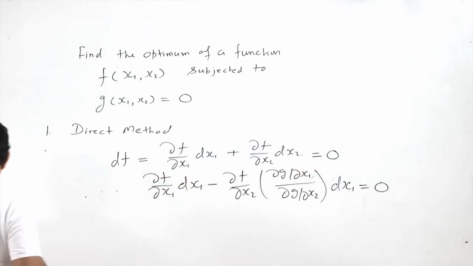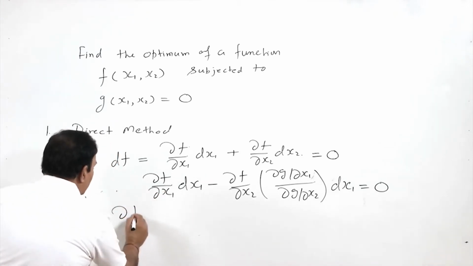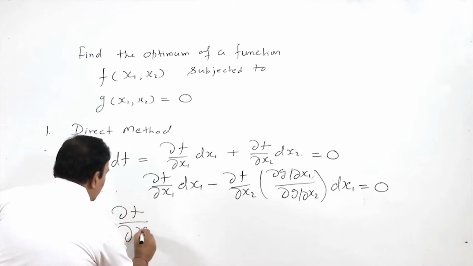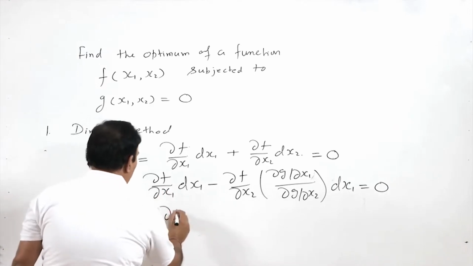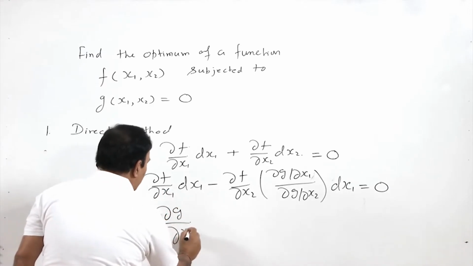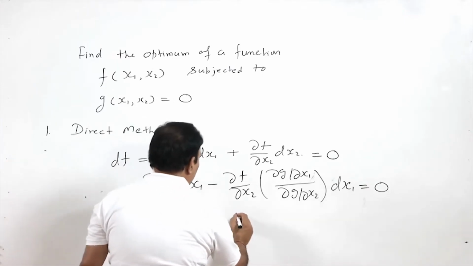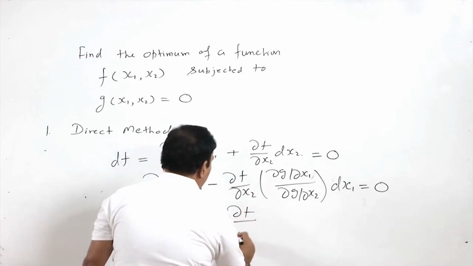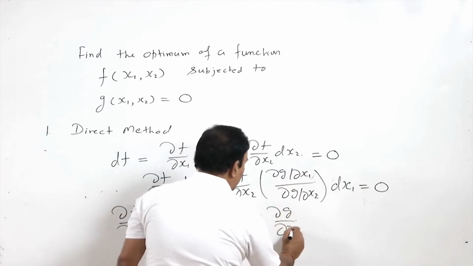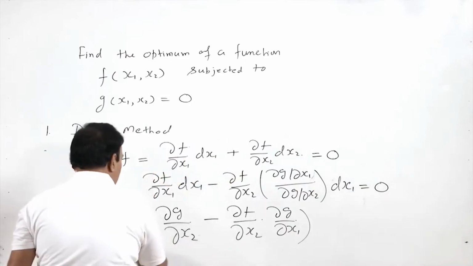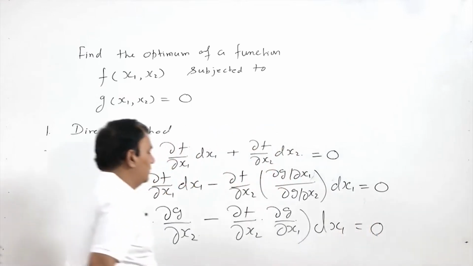So, if I will simplify, this is nothing but my del f by del x1 into del g by del x2 minus del f by del x2 into del g by del x1, whole multiplied with dx1 equal to 0.